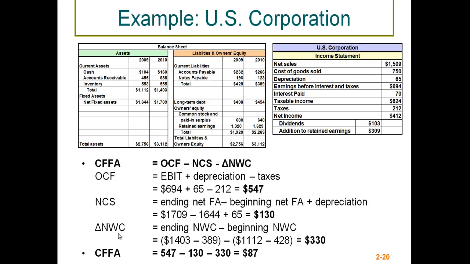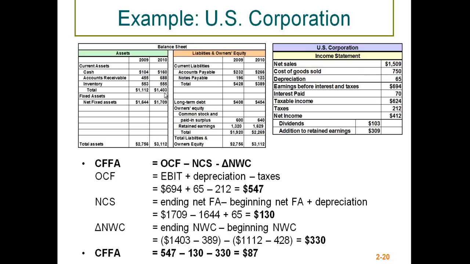And then we also want to look at the change in net working capital. So what do we do here? Let's take a look at our ending net working capital. So we go over here, and we can see that we have current assets. Net working capital is current assets minus current liabilities.